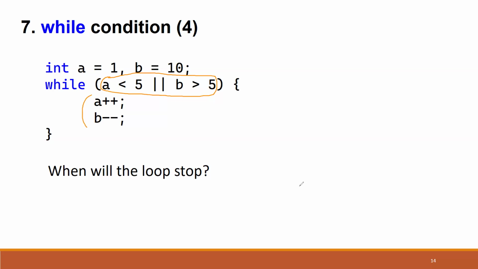A is 5, B is 5. Okay. Yeah, I think when it is 5, 5. Okay. When A is 5 or B is 5. Okay. 5 times. I think, yeah, you are all correct, but there's no answer I want to see. Actually, I think you understand the problem, but it is not the answer I want to see.